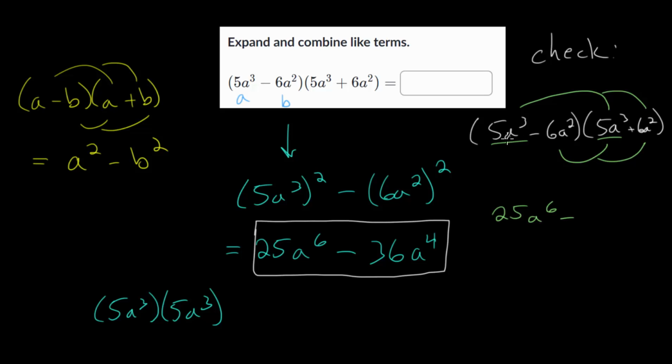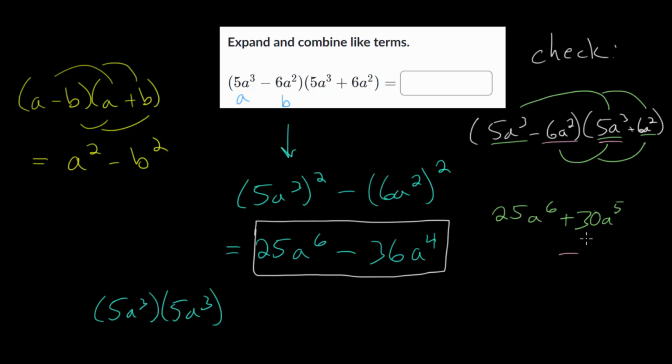Then we have 5a to the third multiplied by positive 6a squared. 5 and 6, that is 30. And we have 3 a's here and 2 there, so in total we have 5 a's multiplied together. And then we go to the minus 6a squared term, and we're going to multiply that by 5a to the third.